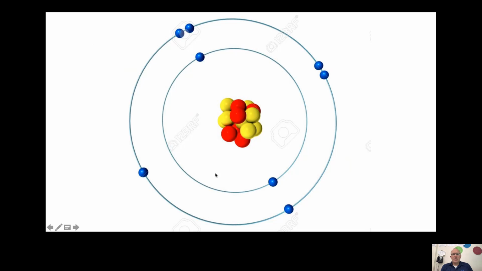The electrons here interact with other electrons from other atoms. In the case of oxygen, you have 6 electrons in the outer orbit. These are the valence electrons. They are the outer ring and they interact with other electrons. Remember, all atoms want to have 8 electrons in this outer ring.